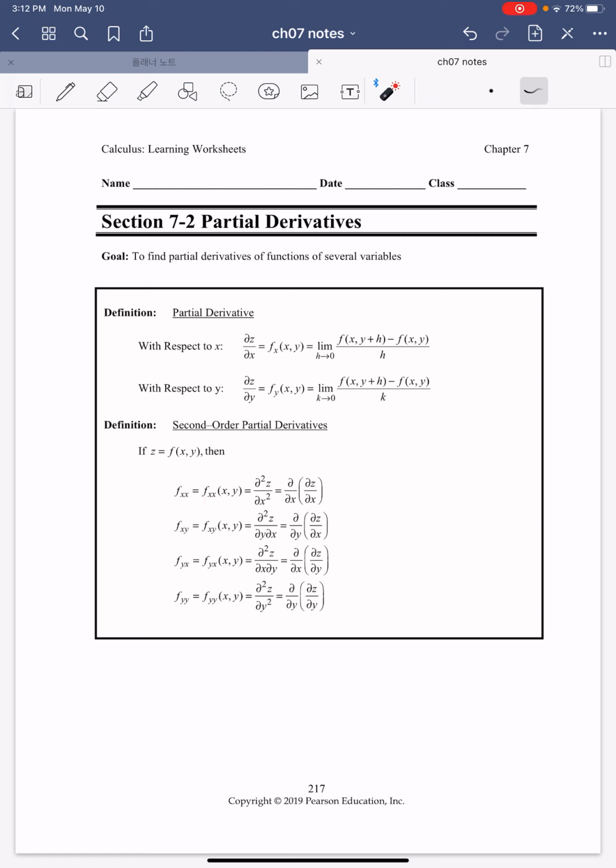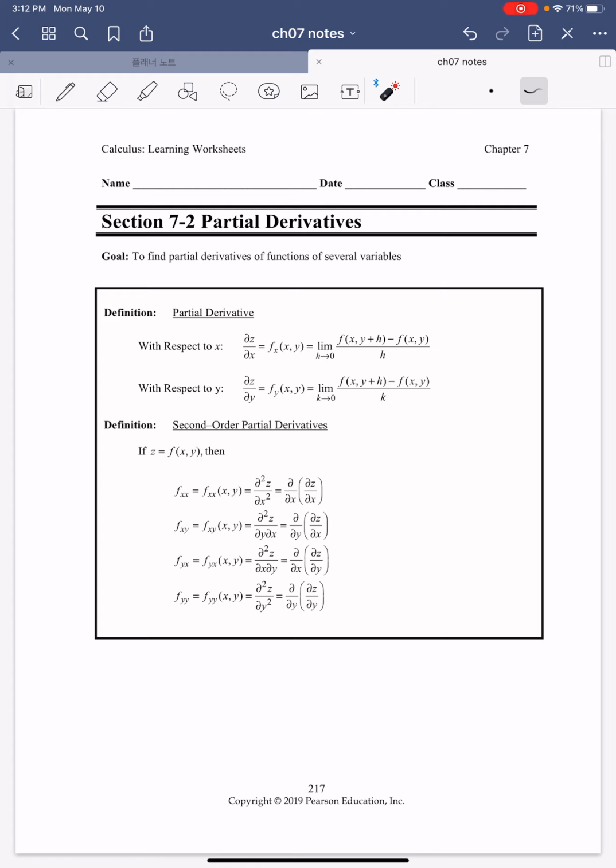Here, you take the first derivative with respect to x and then y. Here, you take the partial derivative with respect to y first and then x. And then here, you have y and y. So you have choices. For a complete function of 2 variables, you have 4 second order partial derivatives. So this is the definition.